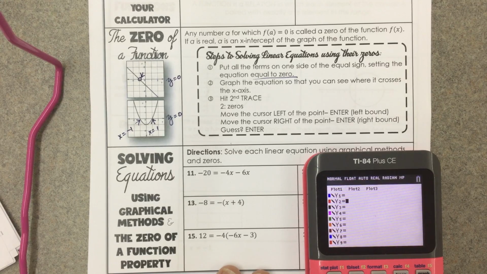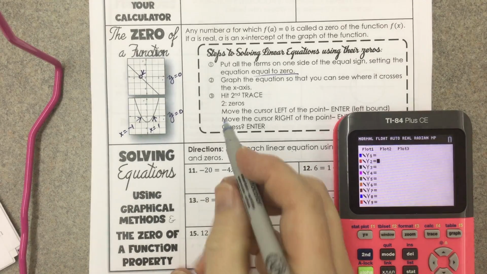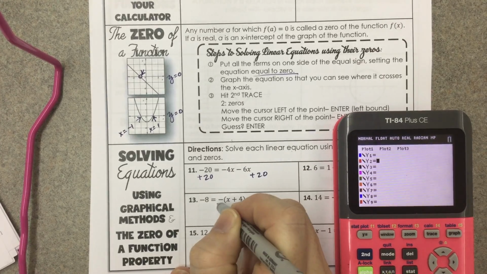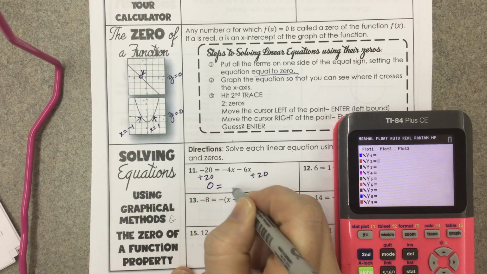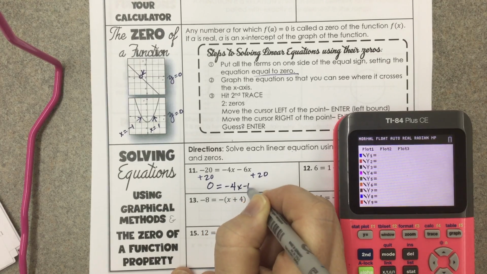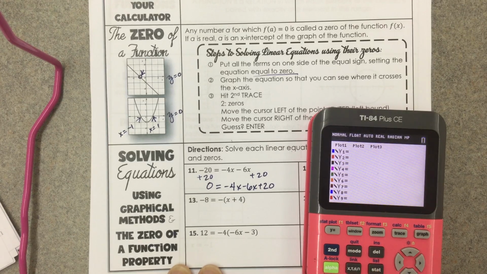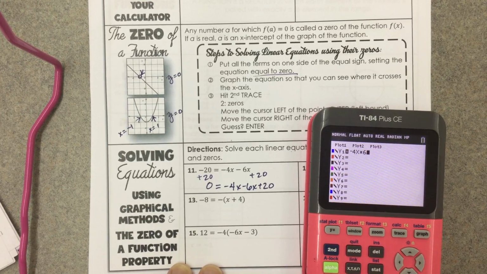So for number 11, we need to add 20 to both sides of the equation, and we get 0 is equal to negative 4x minus 6x plus 20. I'm not even going to combine like terms. I'm just going to hit negative 4x minus 6x plus 20.